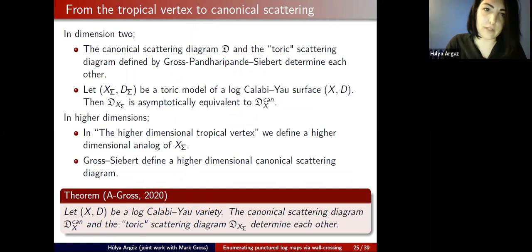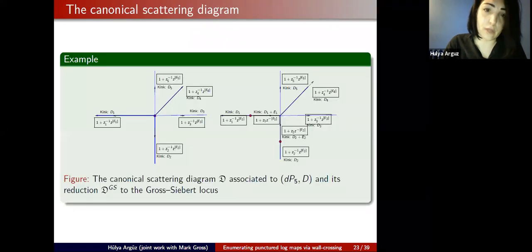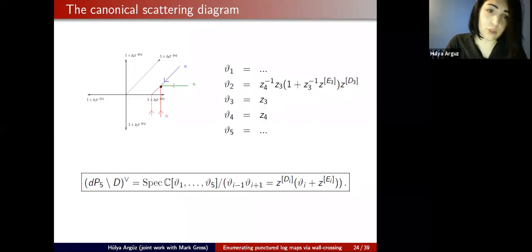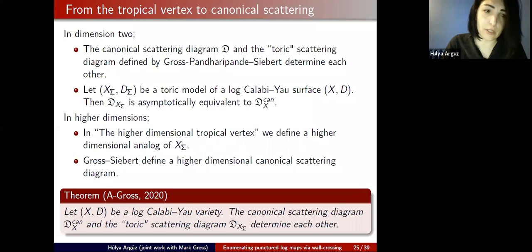I will just recap that once you have the scattering diagram of the tropical vertex, you can construct a canonical scattering diagram by changing the T_ij variables to E_ij variables. And this is intrinsic in GHK, and in all dimensions, what we do with Mark is to define a scattering diagram associated to the toric model of a Calabi-Yau variety, which is a higher dimensional toric scattering diagram.